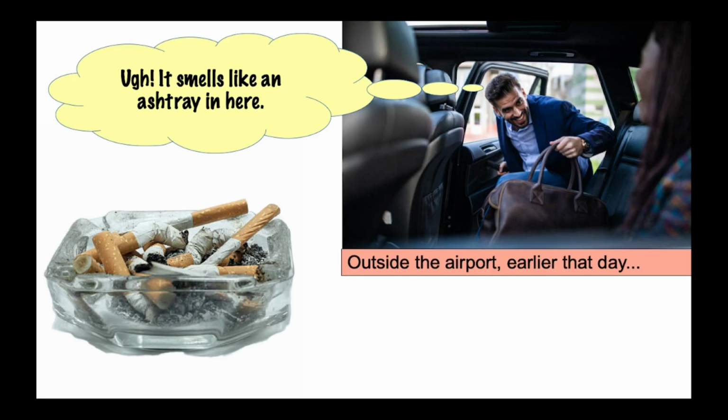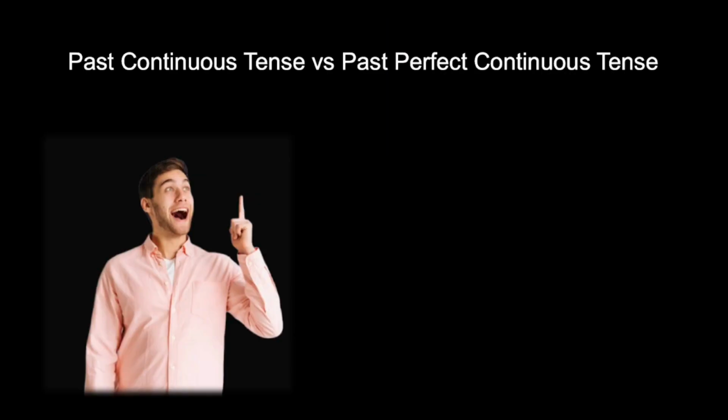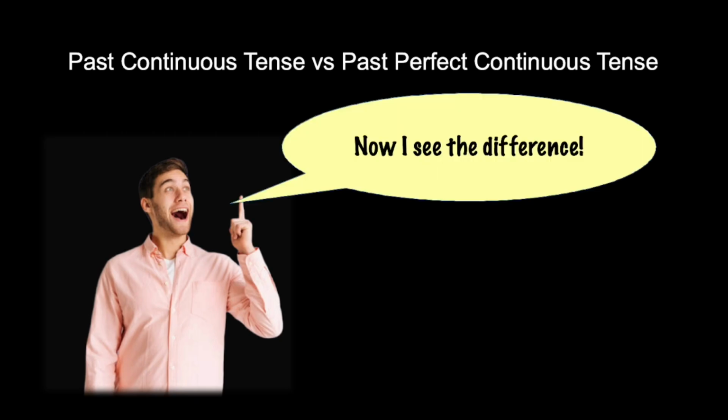Because if we use the past continuous and say, I could tell that someone was smoking when I entered the car, this changes the meaning of the sentence completely. So far, I think the differences between the past continuous and the past perfect continuous are pretty clear, right?